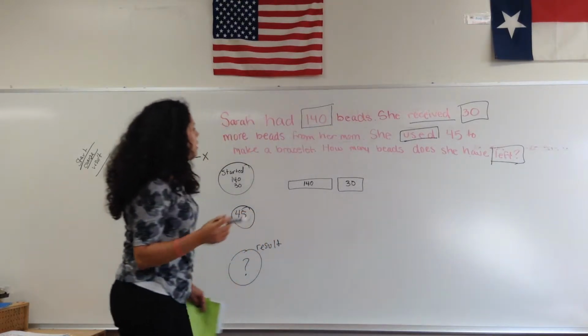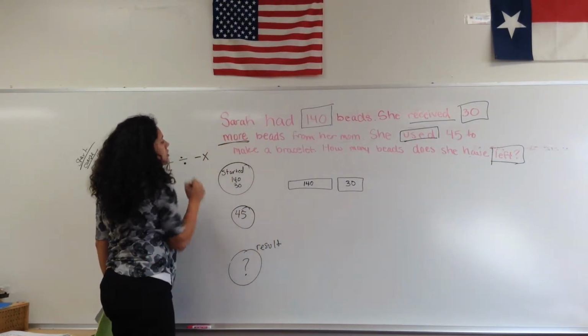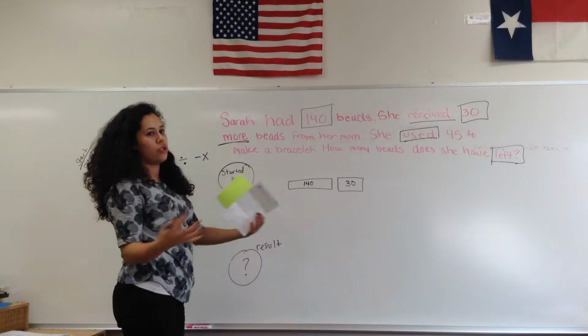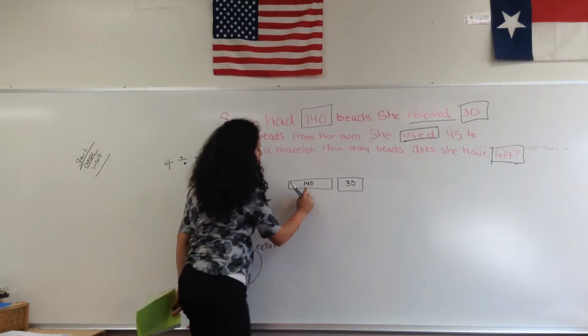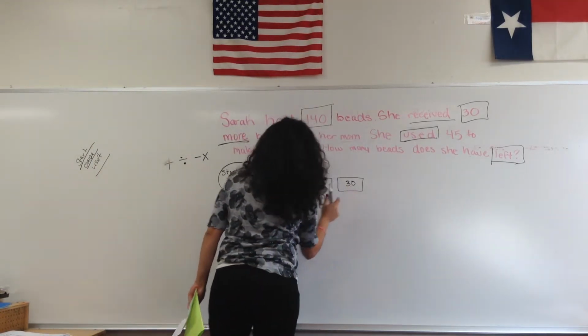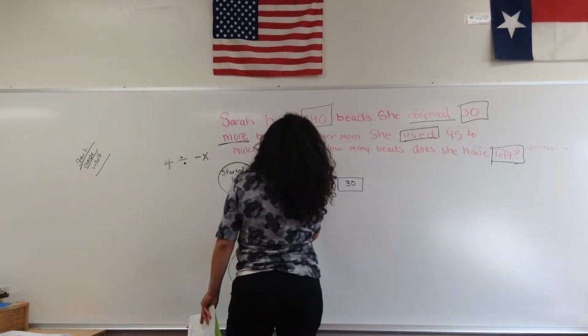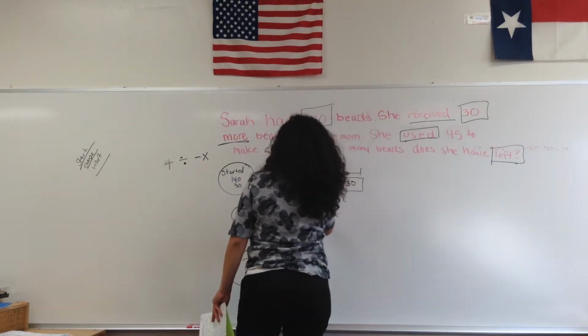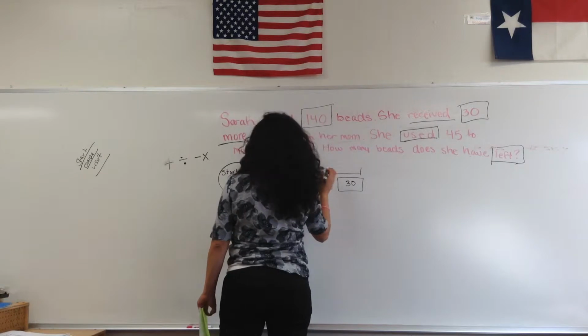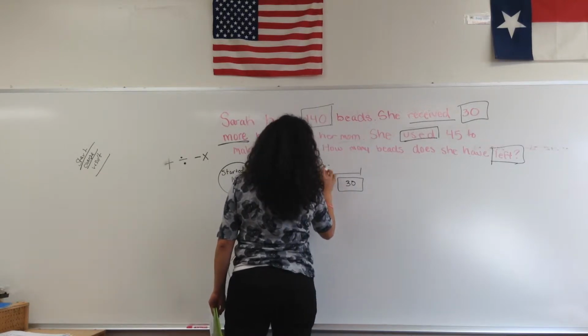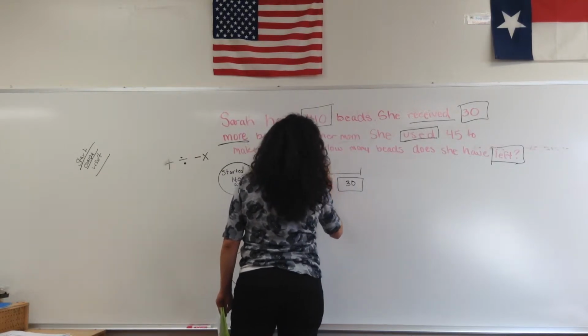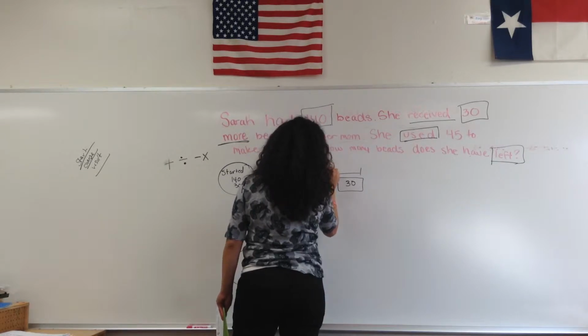So we said that the word more means you have joined something together. So we're going to join 140 and 30. And it equals our unknown variable. We're going to use x. Or let's use our question mark.